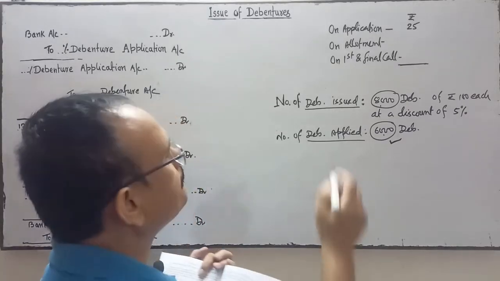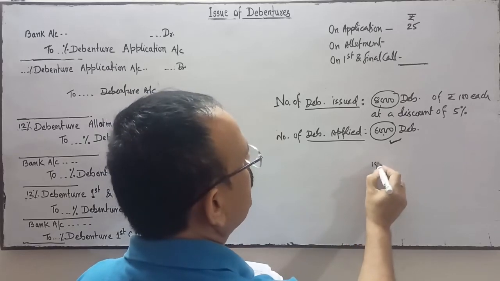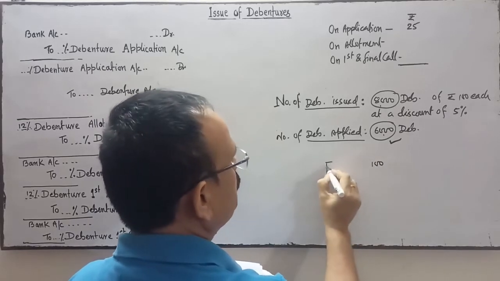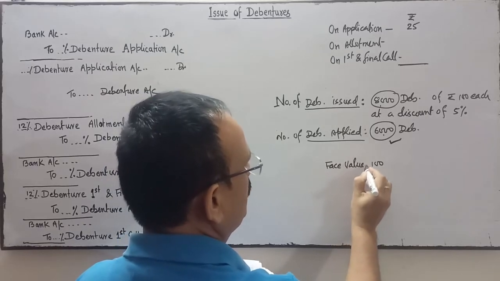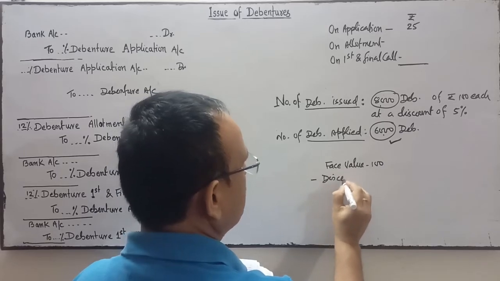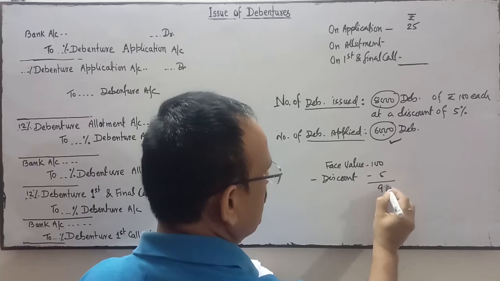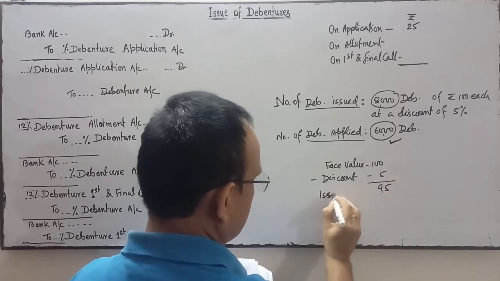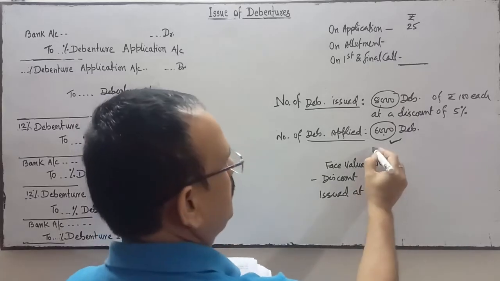So here, the face value of the debenture is rupees 100, and it is issued at a discount of 5%. So how much is the discount? 5 rupees. It means it is issued at rupees 95.